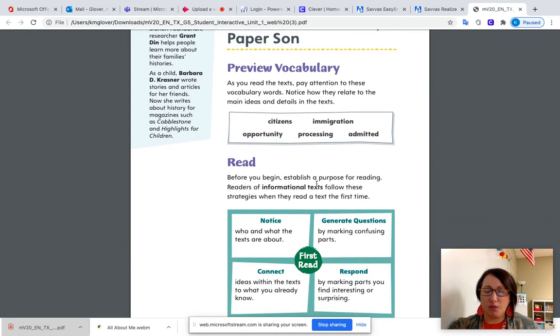So look at the vocabulary in the box right there. Citizens, immigration, opportunity, processing, and admitted. So you need to look for those words as you're reading. And remember, the online version of your workbook will also read it to you. So either way is fine. I'm okay with either one right now.